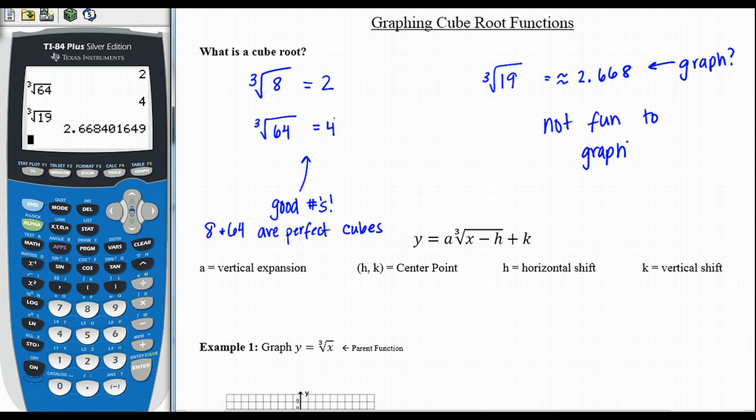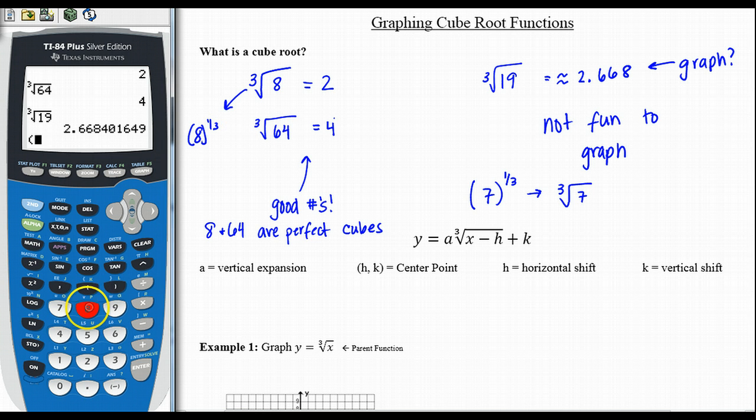And then the last thing is you could see something like 7 to the 1/3. Remember, that's the same as the cube root of 7. So if you see something to the 1/3, like 8 to the 1/3, we could also do that in our calculator. 8 raised to the 1/3 power. Anytime you do fractions in your calculator, you should use parentheses, especially if you have an older calculator.